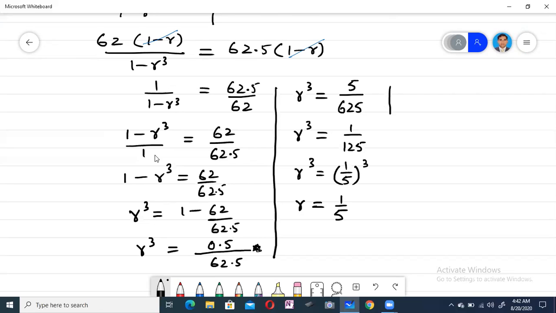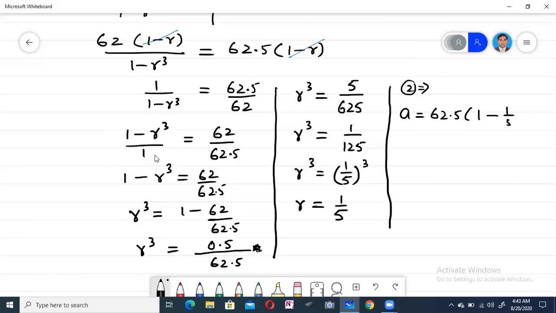Then we need the value of A. In any one equation, equation 1 or equation 2, we can use it to find the value of A. If we are using equation 2, then A is equal to 62.5 into 1 minus R. R is 1 by 5.